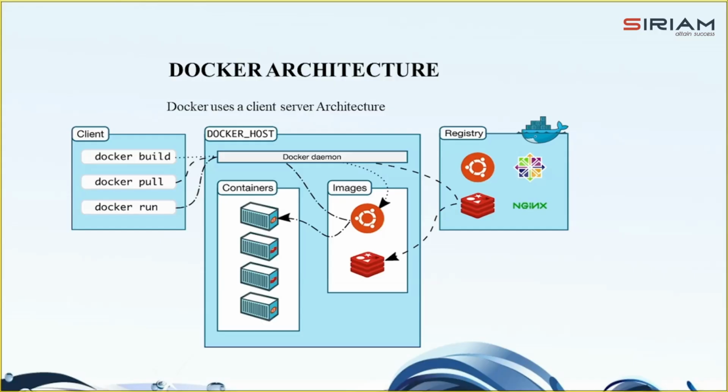Let's talk about the Docker daemon. The Docker daemon listens for Docker API requests and manages Docker objects such as images, containers, networks, and volumes. These are the Docker objects managed by the Docker daemon.